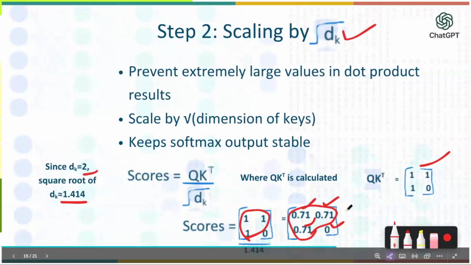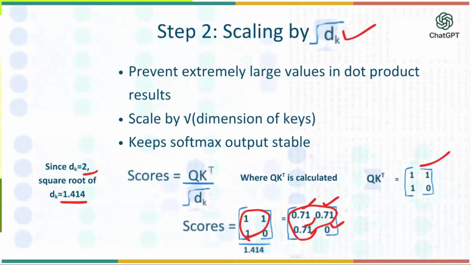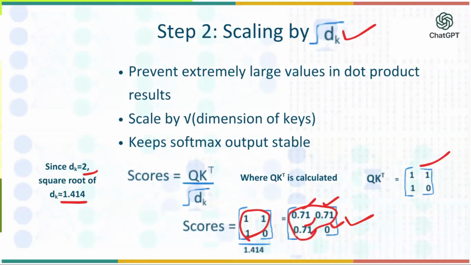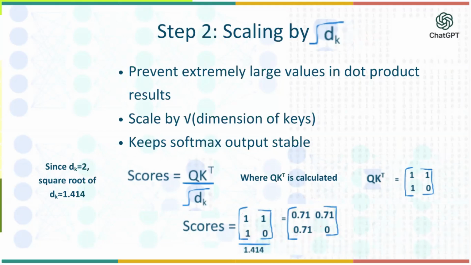So after scaling, this is our score matrix. Row 1 shows token 1 equally related to both tokens, 0.71 each. Row 2 shows token 2 relates to token 1 more strongly than itself. That's 0.71 versus 0.